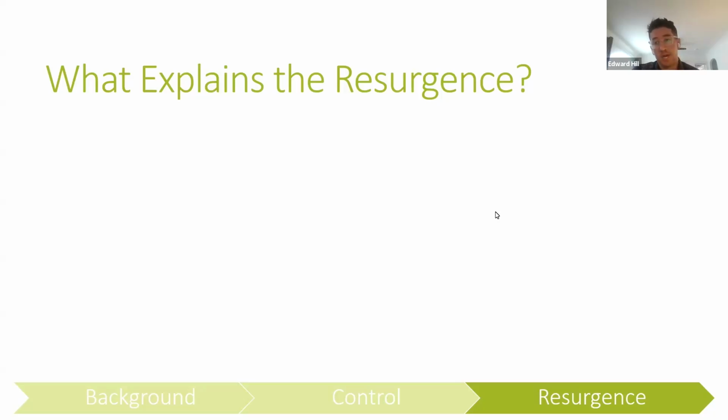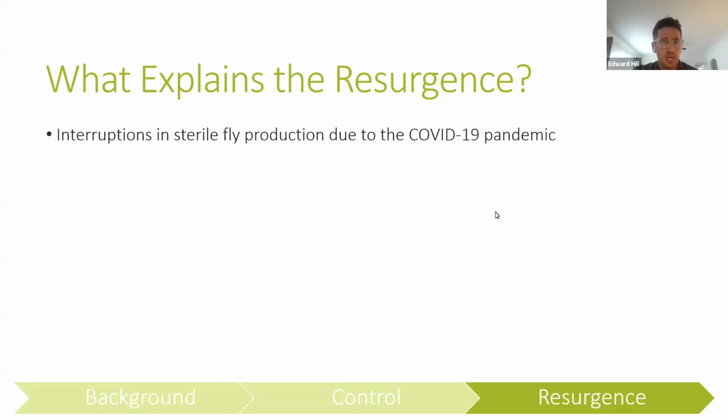Basically, people don't know yet. People suspect it's multifactorial, but there's a possibility that there were interruptions in sterile fly production during the COVID pandemic. Many news reports are suggesting that there's been an uptick in illegal cattle imports from South America into Central America, and that explains it.